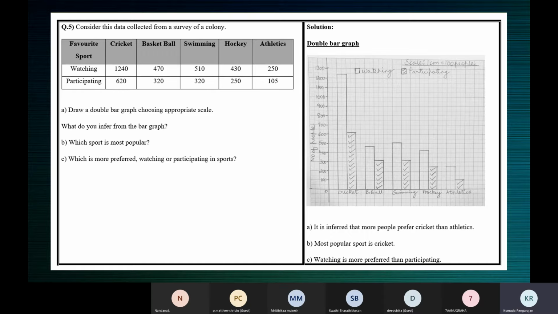But actually, the people of this colony should be appreciated. There are so many people participating also. This is a very good response. There are people watching, but there are so many people participating also. Will this many people be in one colony?